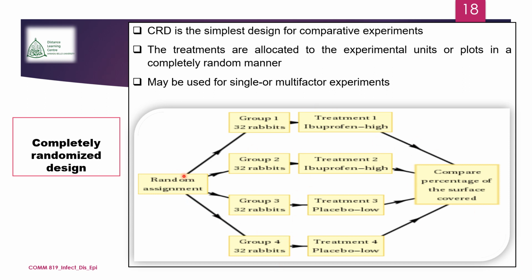You have 128, you group them into 4. Based on the 4, you may decide to give the 4 different treatments of the same substance, at different levels. Then you now compare using one-way analysis of variance, because this is a homogeneous sample.